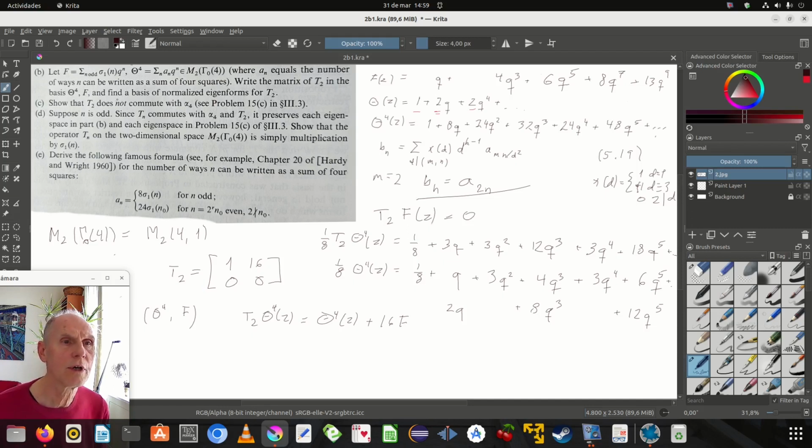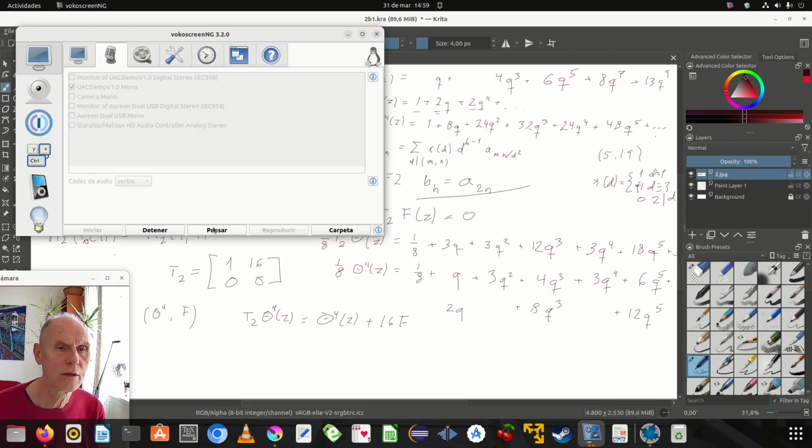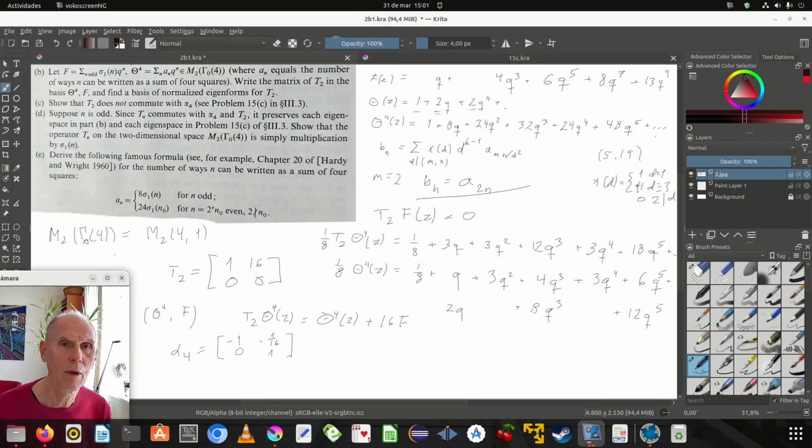Now we should compare with alpha 4, and we did actually find the matrix of that in that problem. I'll just make a break and find it. So I found the result from problem 15c, and I realized that I made a small mistake there. It's 16 and naught.